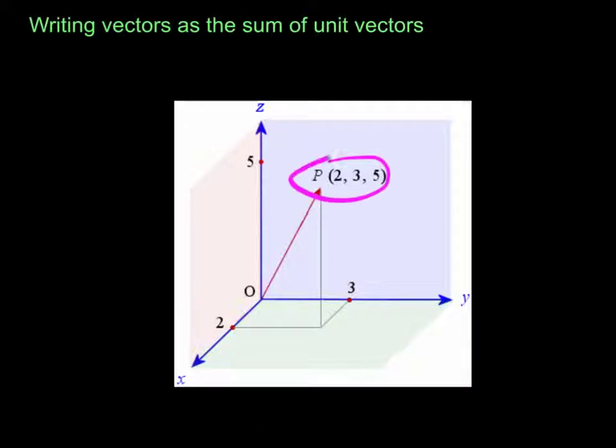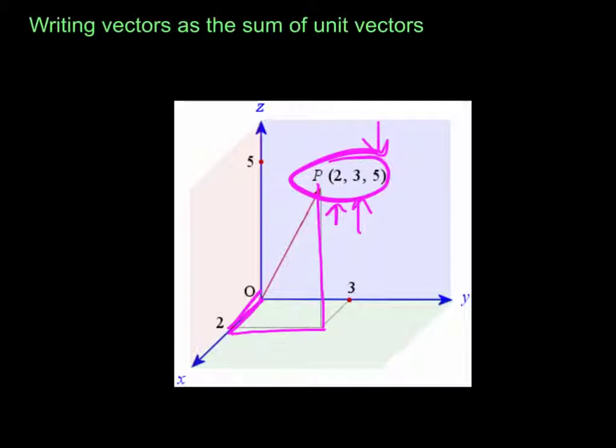But if this is what they're giving us, that means my x value has a length of 2 wherever my x is. It's a length of 3 wherever my y is, so I'm shooting out 3 on the y. And then I'm going 5 units on the z. In this case, z is going up, so I'm going up 5 on the z.